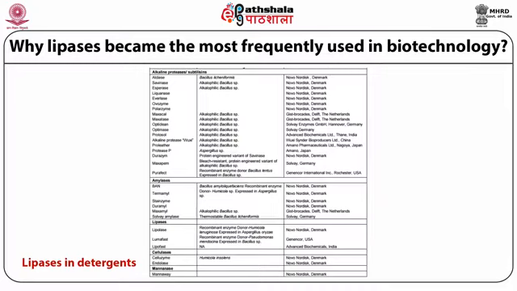Some of these companies have merged or been bought up by others. At one time, they were major companies selling industrial enzymes. Novozymes actually has undergone many changes in its nomenclature and continues to be a major supplier of the industrial enzymes, including lipases. However, moving on, while proteases, amylases, and cellulases were blended in detergents much earlier, use of lipases happened much later.